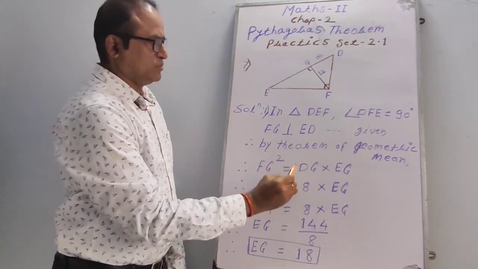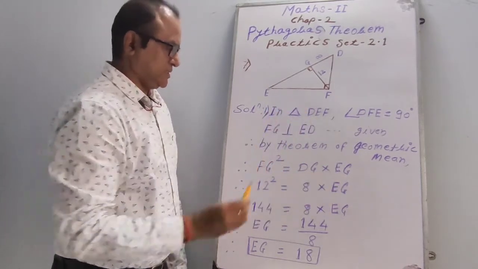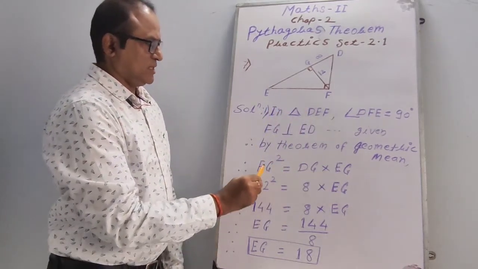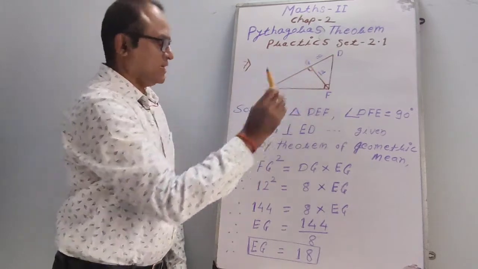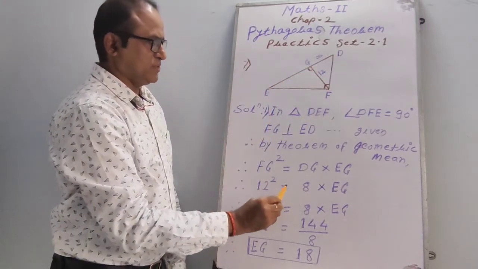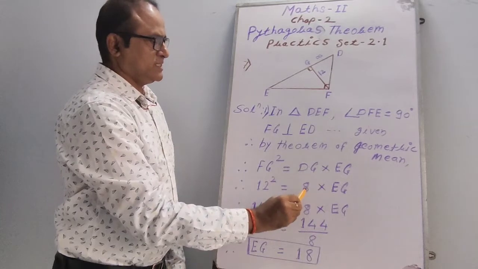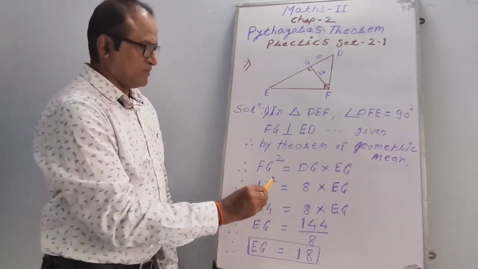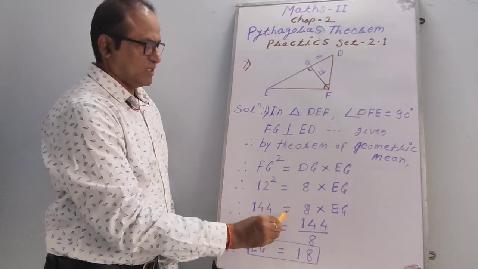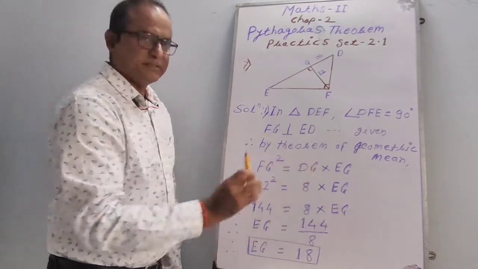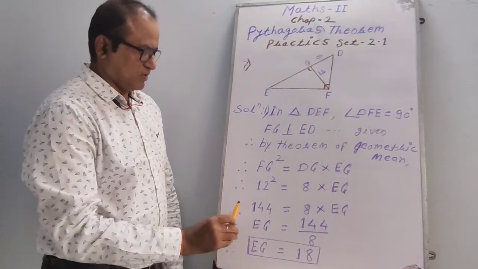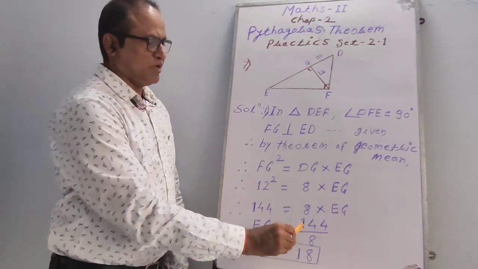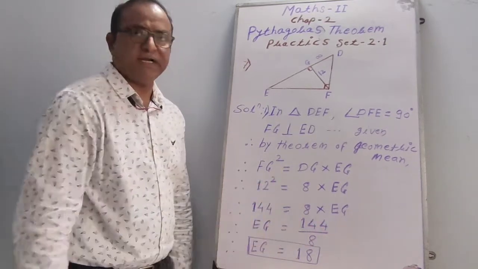FG value is 12, so 12 square is equal to DG value 8 into EG. Therefore, 12 square is 144, equal to 8 into EG. Therefore, EG is equal to 144 upon 8.